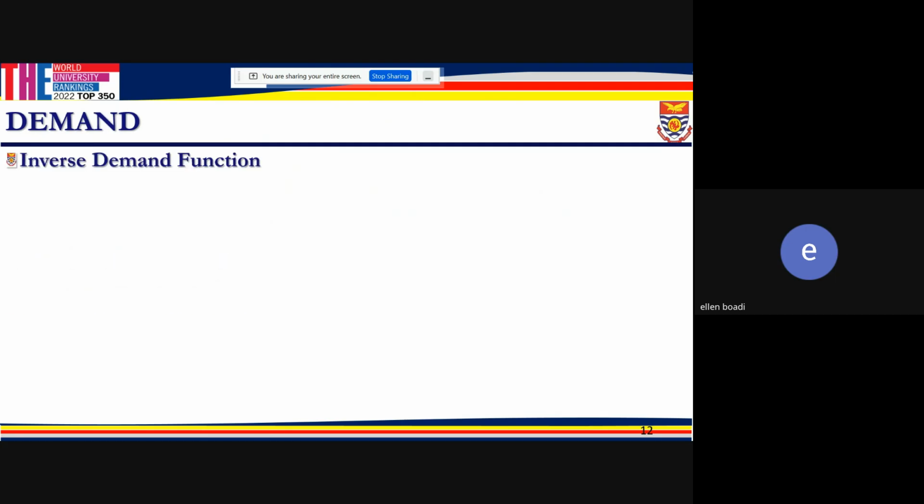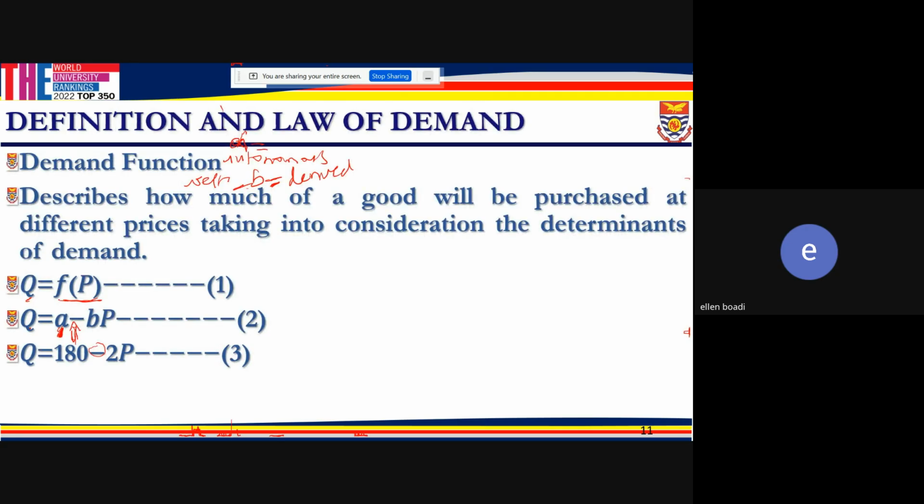So these are ways of putting a demand curve. Normally, because quantity depends on price, we say quantity is the dependent variable and price is the independent variable, and this is how we normally put the demand function.